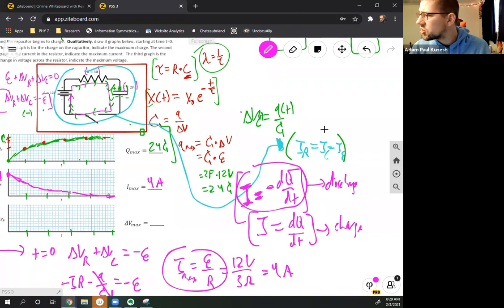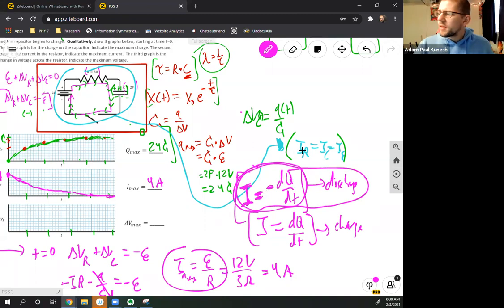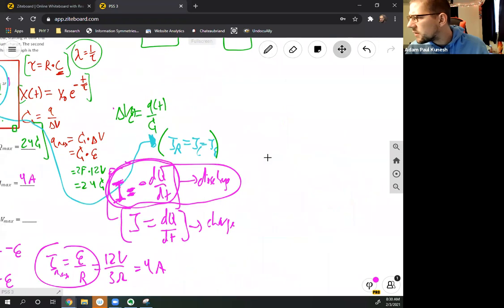So during a discharge, what I'm talking about when I say dq here, the change in Q, is the change in charge as it leaves the capacitor. So a charged capacitor attached to a resistor is the situation that this version refers to. Just a capacitor attached to a resistor.